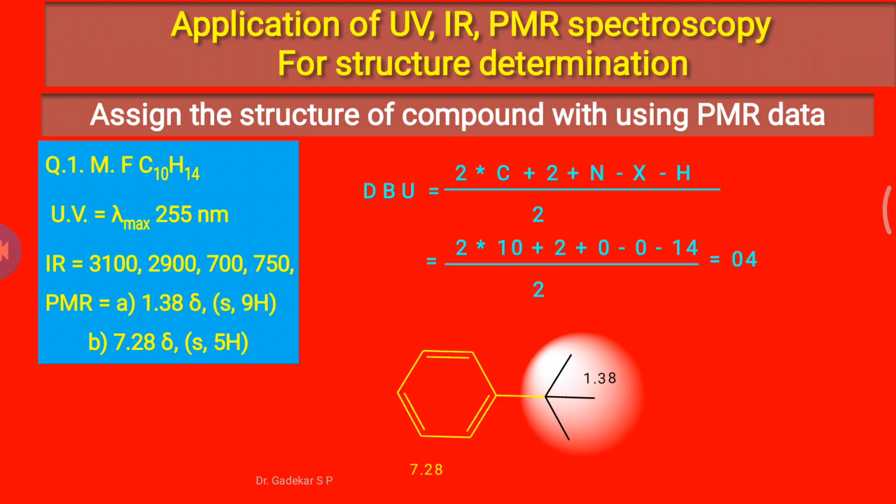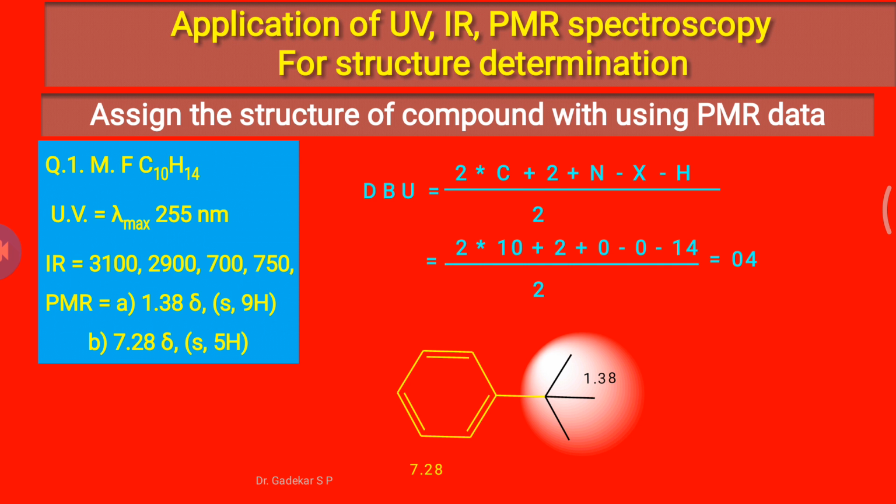Here is the first example of UV, IR, PMR spectroscopy application for structure determination. First, assign the structure of the compound using this data.